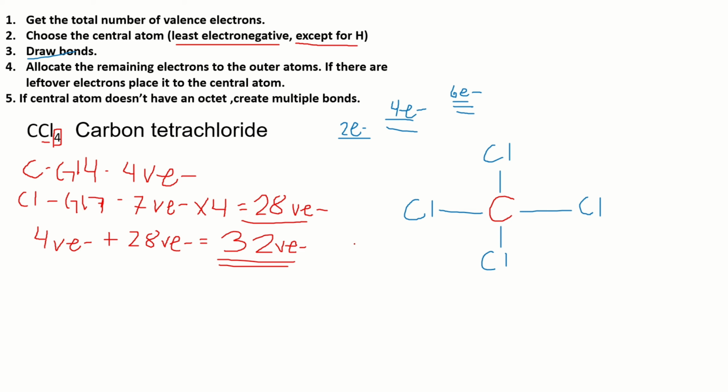Now, we already use 2, 4, 6, 8 electrons. So, our total number of valence electrons is 32 minus the 8 electrons that we already use to form bonds.